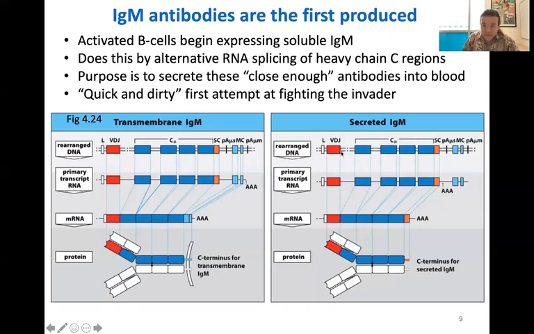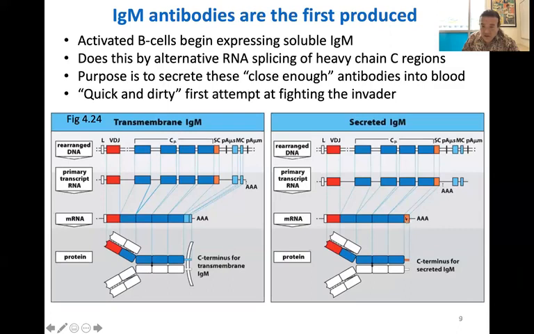So what happens then? Here, it still has the same VDJ choices that it made, because that's the part that's actually working to bind something. And for most of the C blocks, it's going to be the same. But now look, as part of the RNA editing, the little light blue parts are discarded and the orange part is kept.